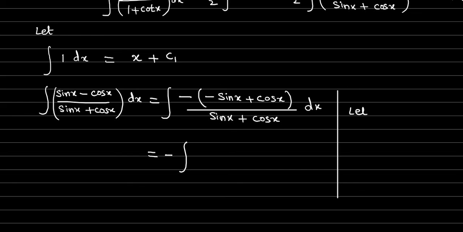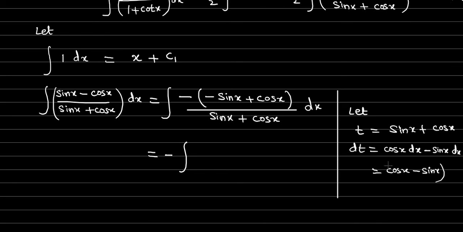So let t equal to sin x plus cos x, and dt is sin x differentiation, cos x, plus cos x differentiation, minus sin x, dx. Now dx we can take outside commonly. Yes, we got the numerator term, right? Only the order is getting changed. Same term only.